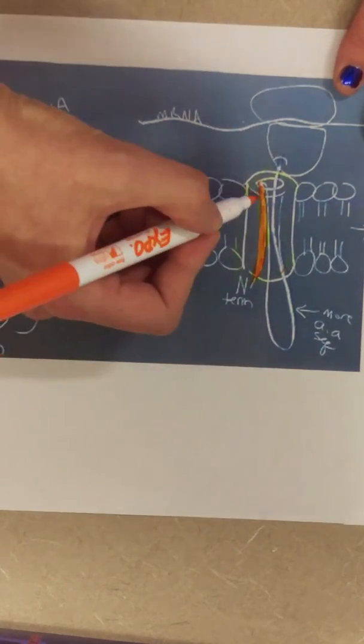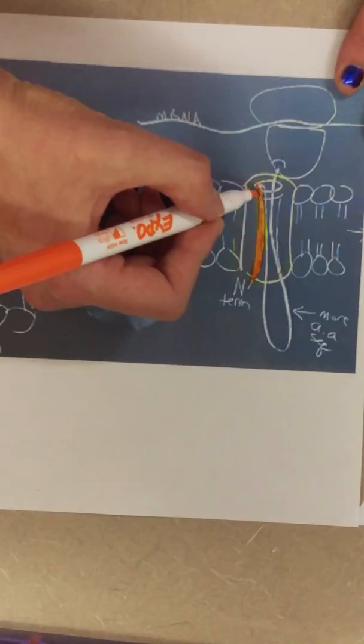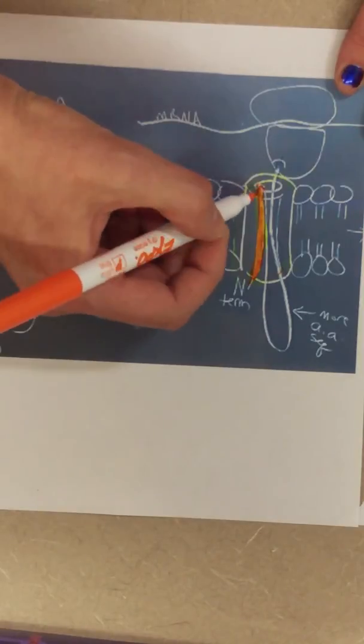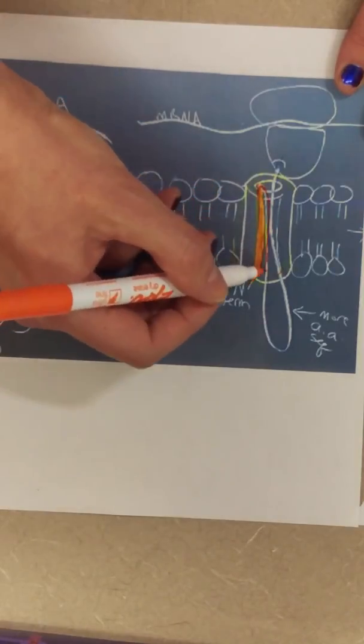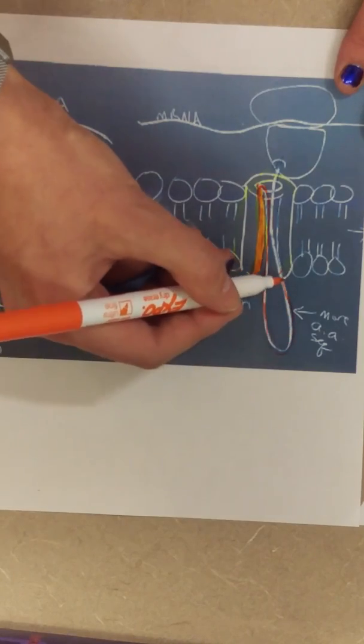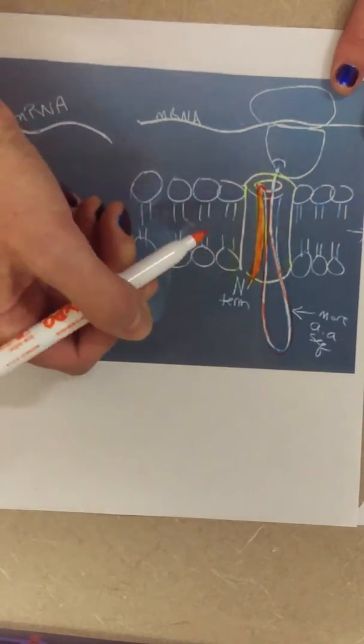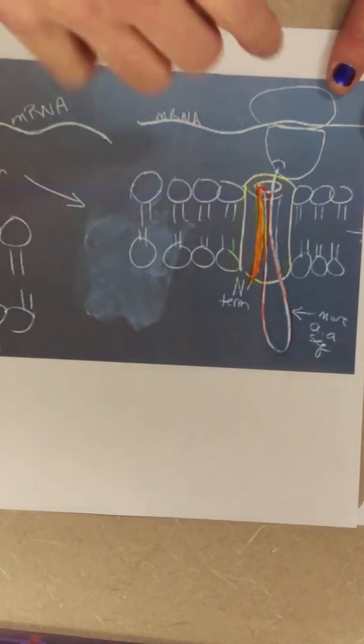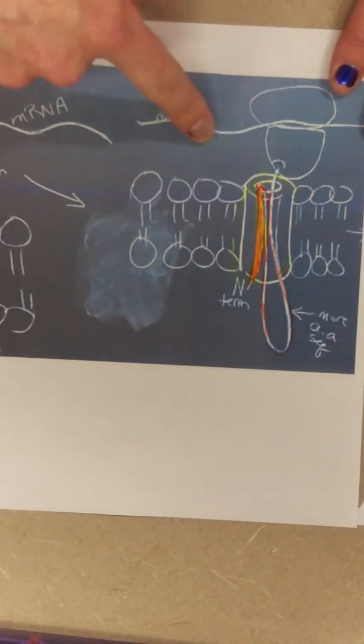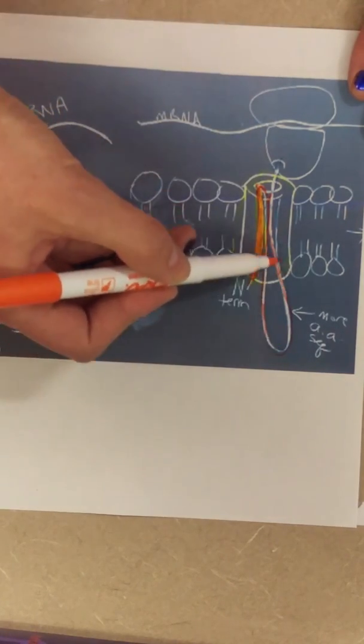Now, this signal sequence is going to remain connected to the rest of the peptide chain that is being translated. Once the ribosome gets to the ER, it continues translating this mRNA. So we can see that it's just read more of the mRNA at this point, and so it's translated more of the sequence.